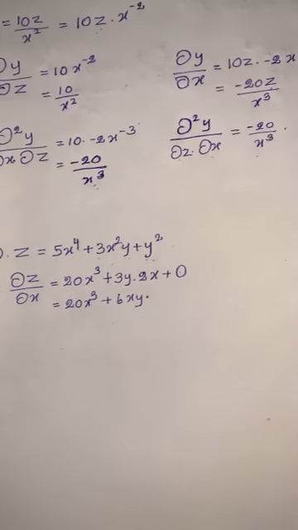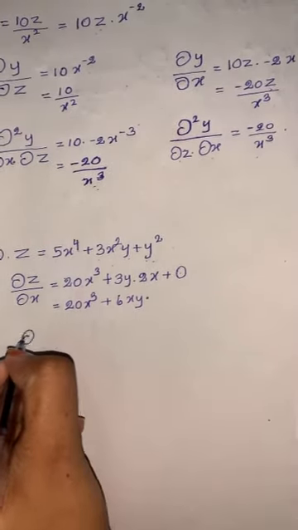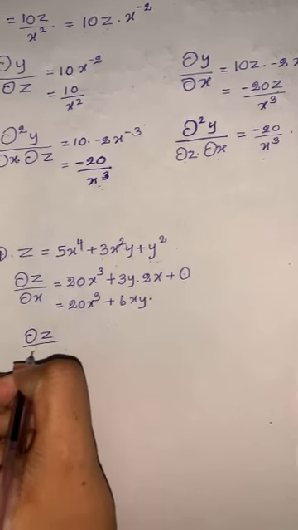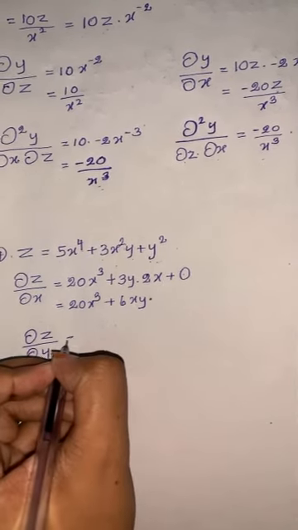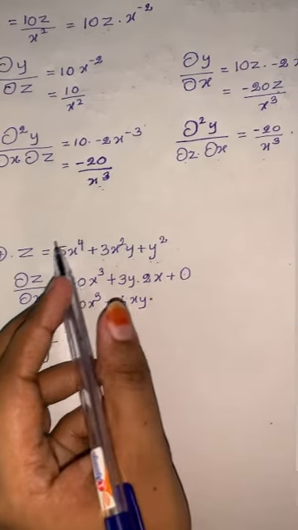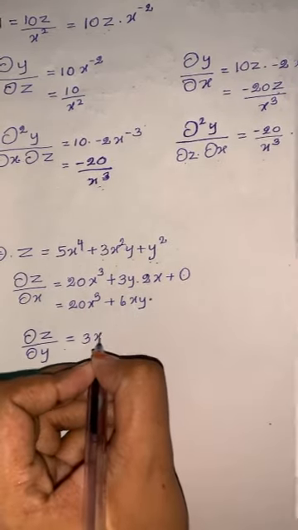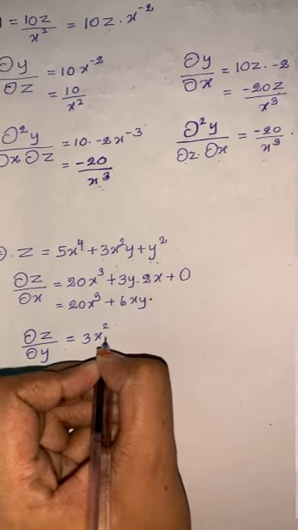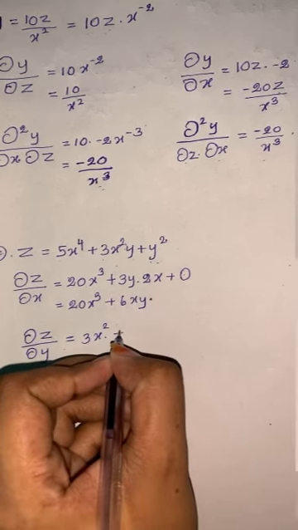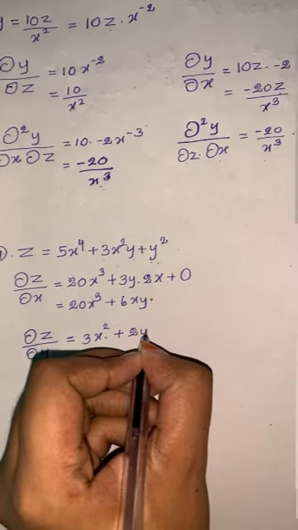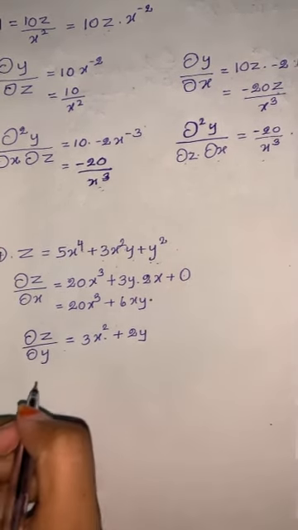So just next do the differentiation with respect to y. So ∂y, here this component will be 0. So 3x squared is the constant into y is 1, plus differentiation of y squared is 2y.